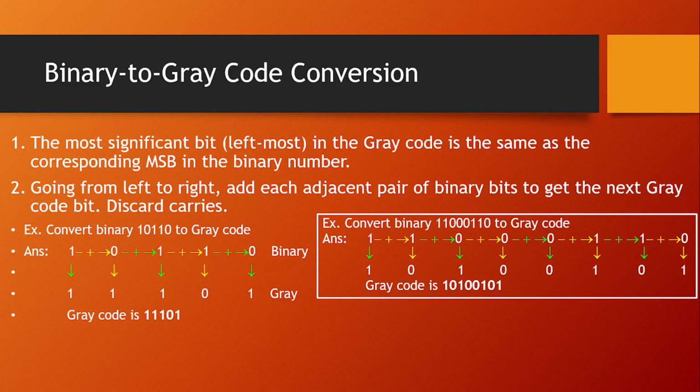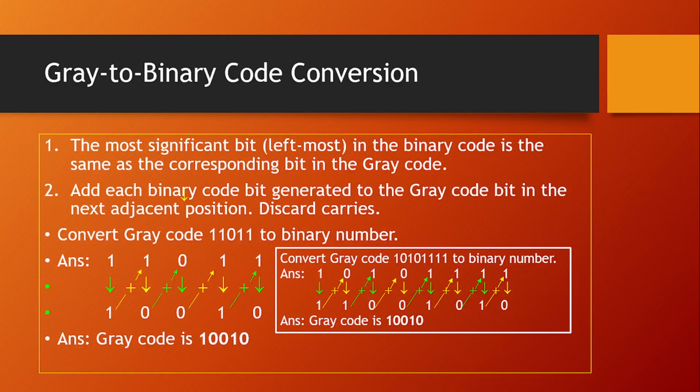Then add the obtained binary bit to the next gray code bit, and again the sum is written and the carry is discarded. Remember very well, here the obtained binary bit is added to the next gray code bit, and the sum is written. So this is important.